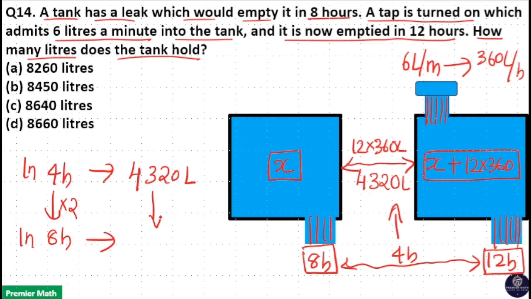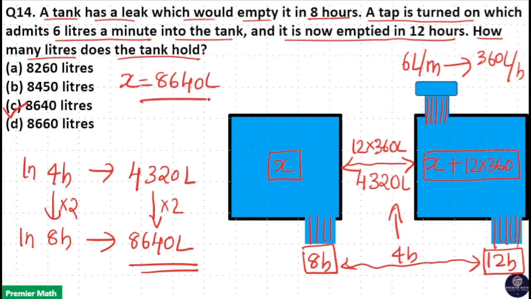So 4320 into 2 is 8640 liters. So option C is your answer. So X here is 8640 liters. So in 8 hours, 8640 liters emptying. Initial water present is X, which is equal to 8640.